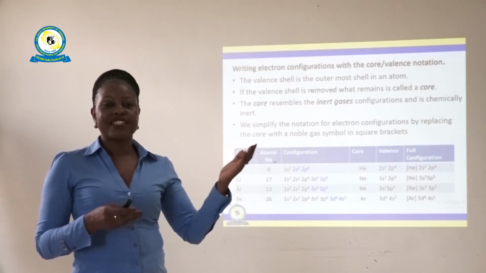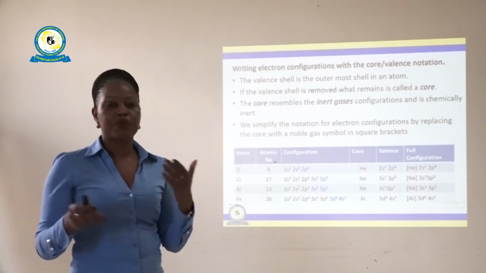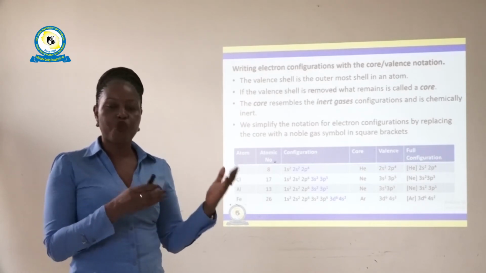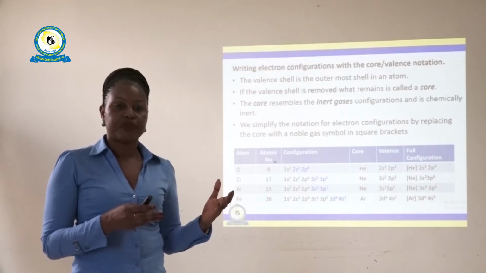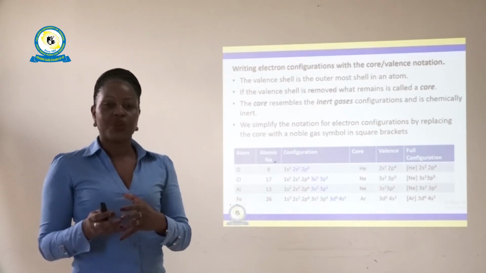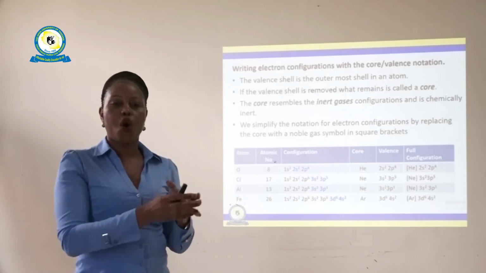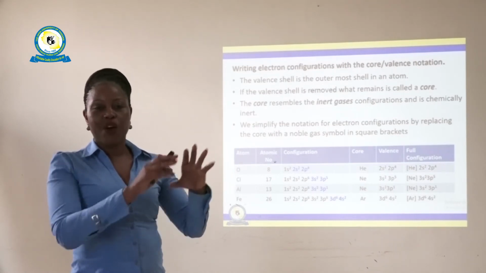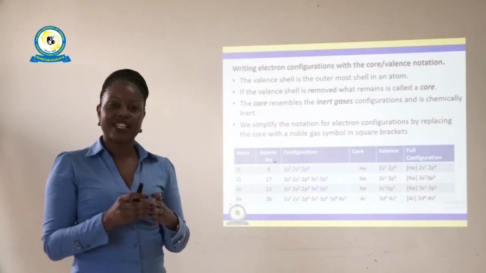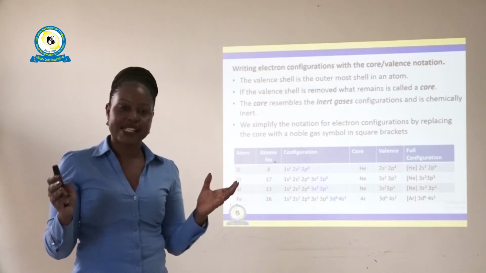We know that the valence shell is the outermost shell of an atom, and that if the valence shell is removed, what remains is called the core. And the core now resembles the inert gas configuration that is chemically inert.